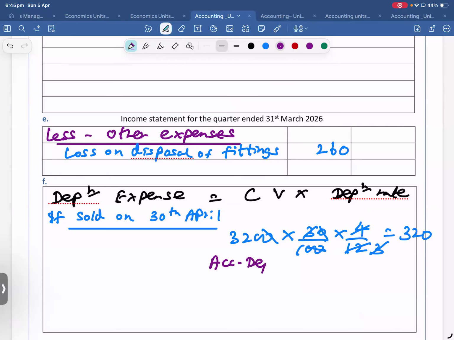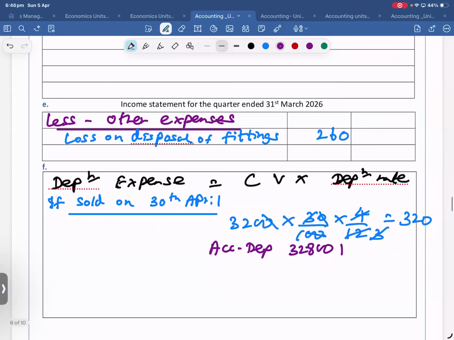Yeah, that's what I said, because they're asking only the profit or loss. Okay, so what is the carrying value, guys, as of this date?